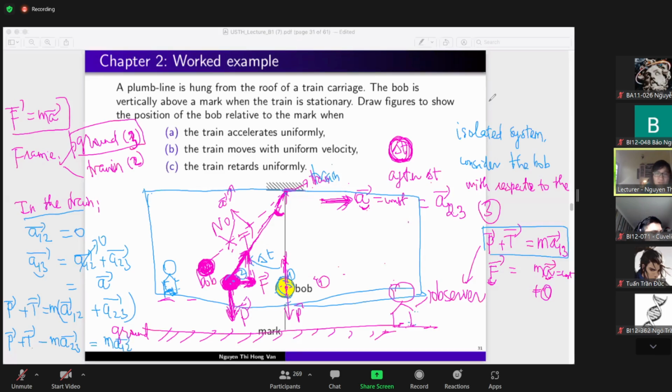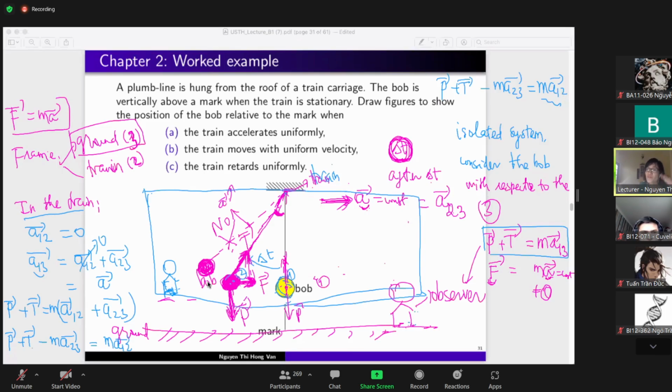So I write here P plus T minus M A23 equal to M A12. If you look at the right hand side, M A12 is the mass and the acceleration of the bob with respect to the train.